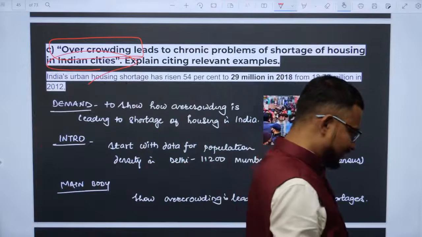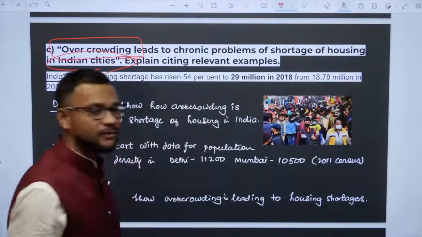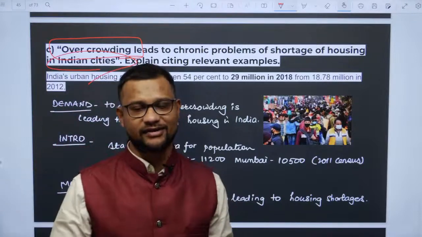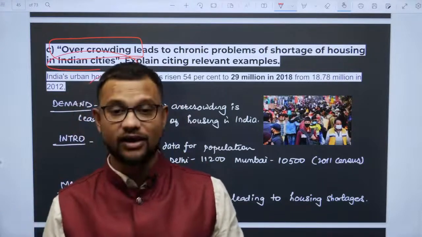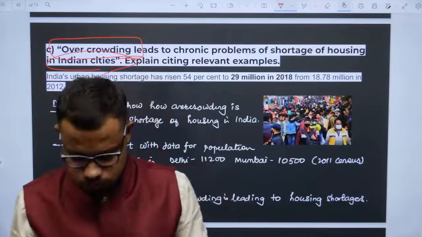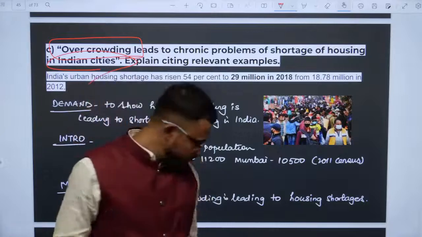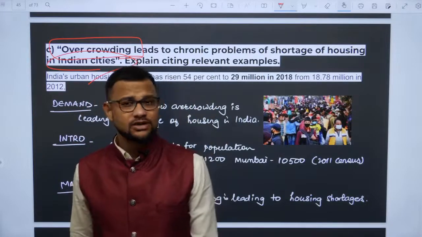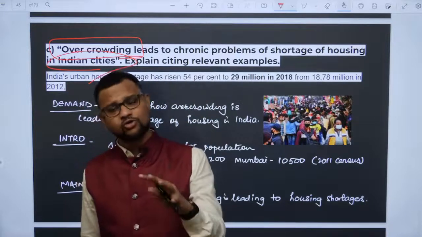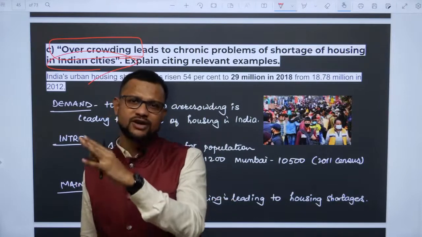Guys, overcrowding, and I don't think so no one can better understand this thing more than our Indians. Because we are already the most populous country, or one of the most populous, right? World population prospect के according, India will be most populous country by 2023.